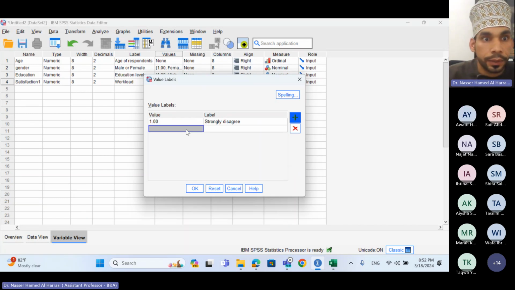Because of the sentence itself, for example, the question: I am doing my job on time. This is positive. But if you say, I'm not doing my job on time, this is negative. If your question says, I am not doing my job on time, then strongly disagree will be equal to 5.